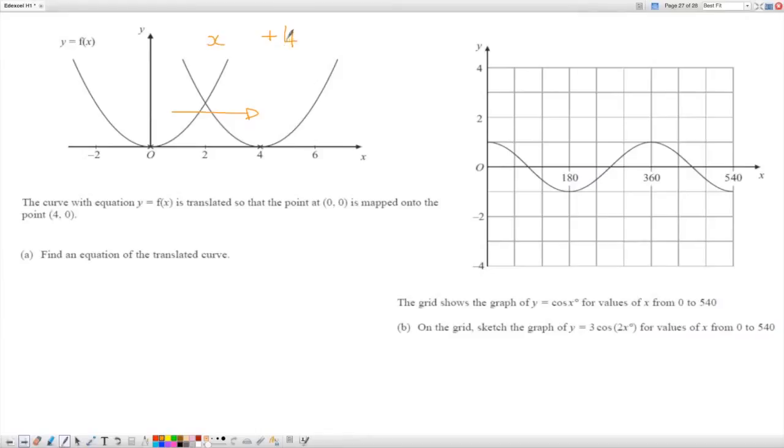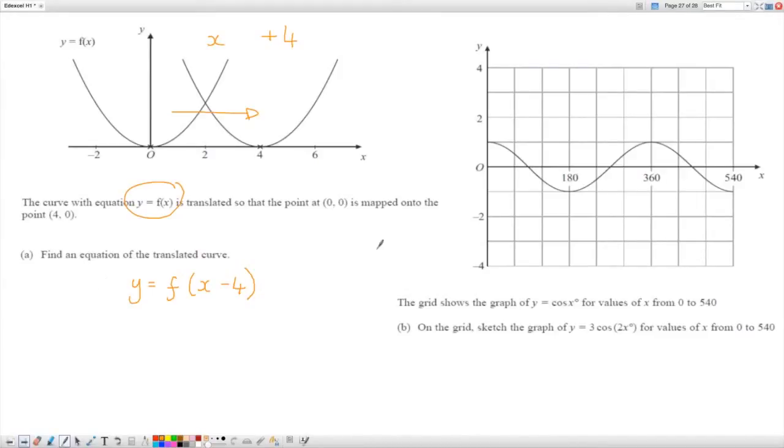So this means that the function has changed inside the bracket, and it's the opposite. If it's shifted in this direction, a horizontal shift along the x-axis of plus 4, this is represented inside the bracket alongside the x as a negative 4. So this here is the equation of the translated curve.